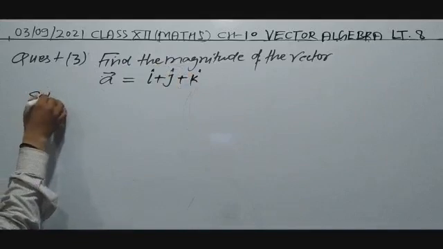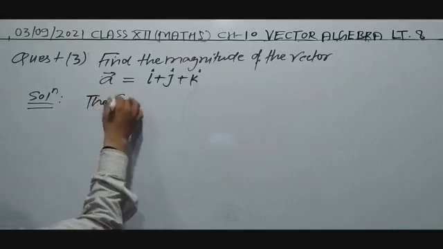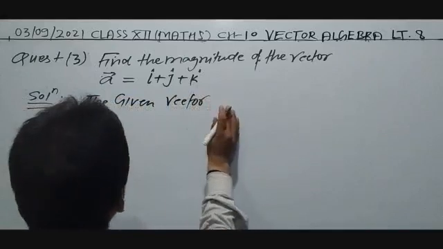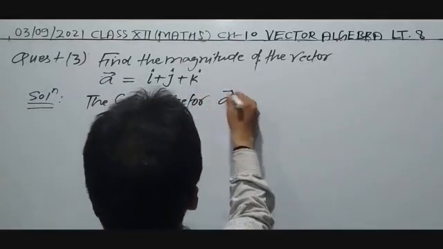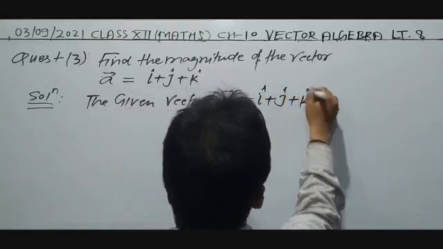So the solution. The given vector A is equal to i plus j plus k.